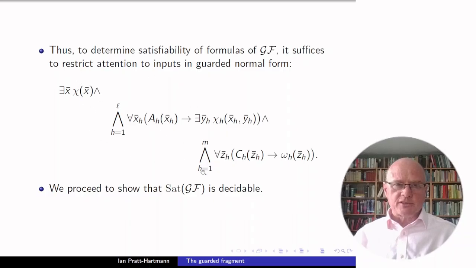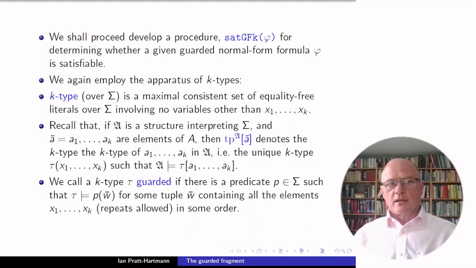And I'll now proceed to show that the satisfiability problem for the guarded fragment is decidable. More specifically, I'll develop a procedure which I'll call SAT-GFK, which takes as input a guarded normal form formula phi and returns yes if that formula is satisfiable and no otherwise.